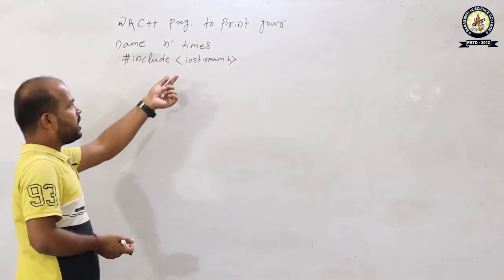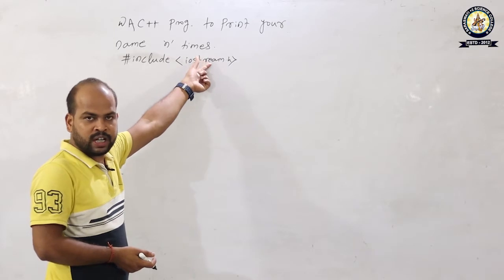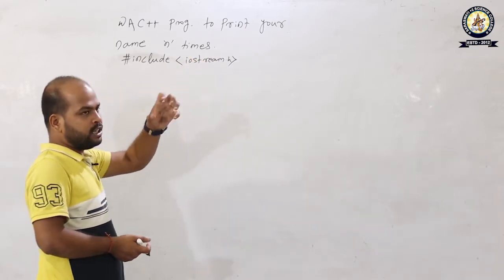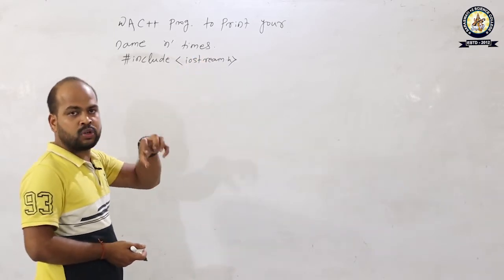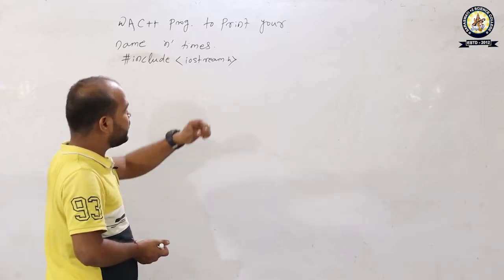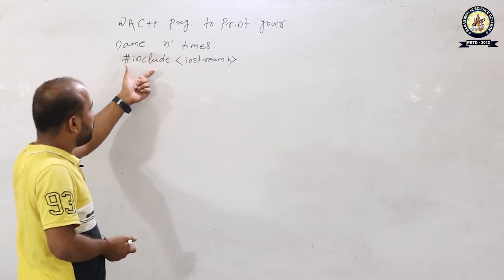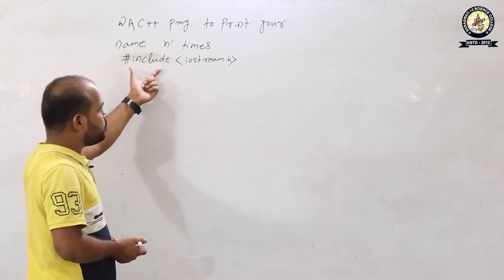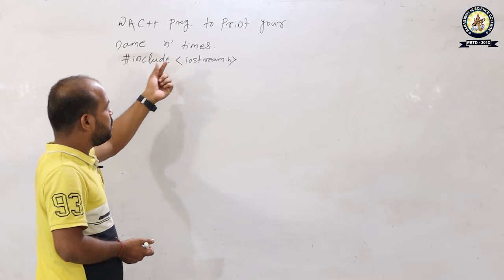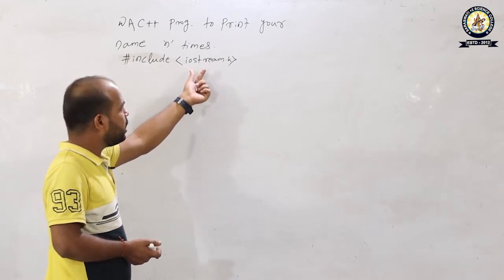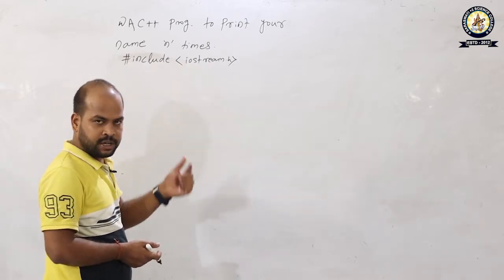So this is known as the input output stream.h header file, and different input and output functions are present in this header file. And what is the purpose of #include? Here #include is used to activate or load the header file. Which header file? The input output stream.h header file.